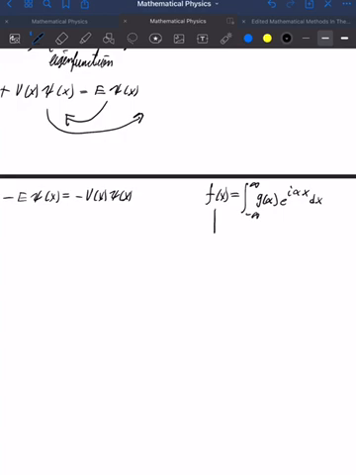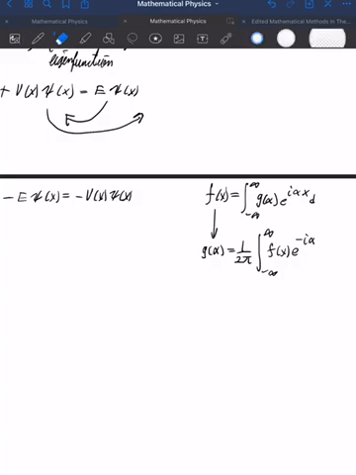And if you take the Fourier transform of f of x, you get a function g of alpha, which is equal to 1 over 2 pi times the integral from minus infinity to infinity of f of x times e to the minus i alpha x dx. This one is with respect to alpha. This one is with respect to x.